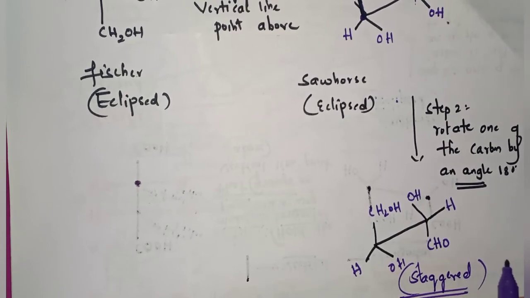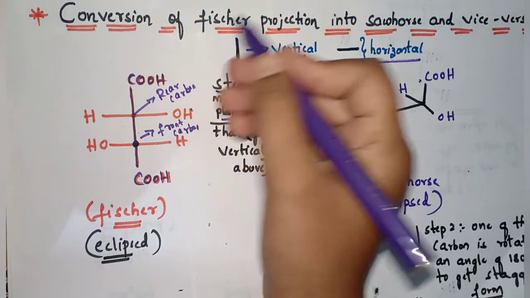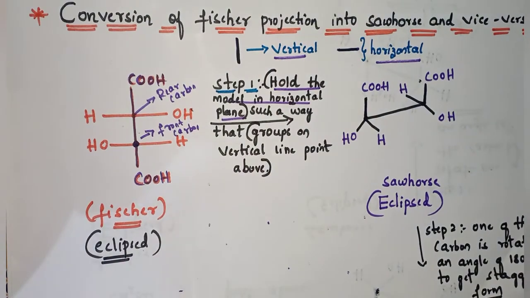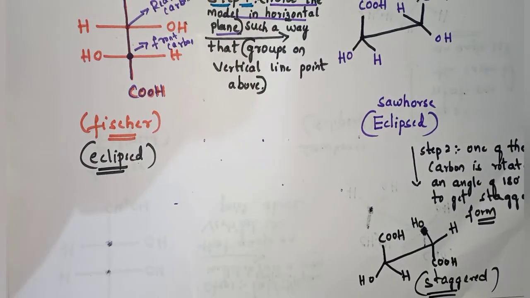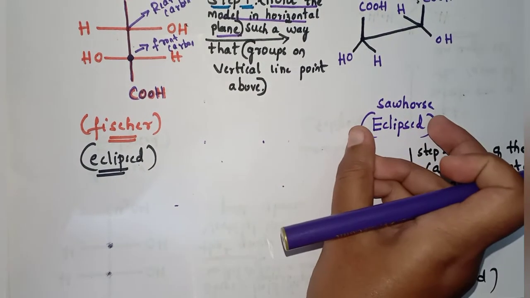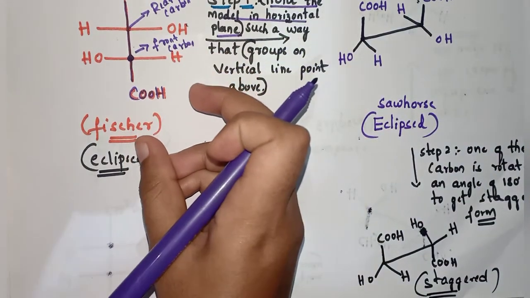Now let's see the conversion of Sawhorse into Fischer projection. For the conversion of this Sawhorse into Fischer projection, let's once again take this example. Here the staggered form is converted into eclipsed form first and then converted into Fischer form.